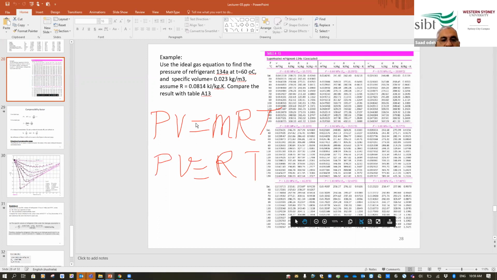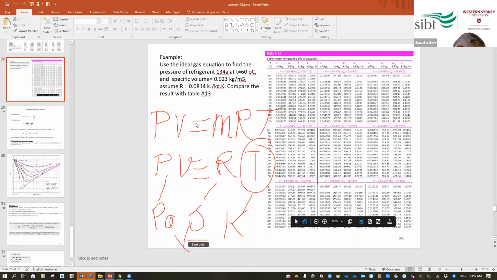And as we said before, T should always be in Kelvin. If you put it in Celsius, then this will give you a wrong answer. And make sure that if R is in joules, then P is going to be in Pascal. And if it's in kilojoules, then P should be in kilopascal. All right? Am I clear? Yes, doctor. All right.